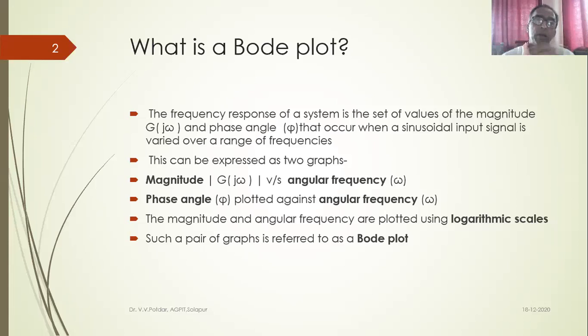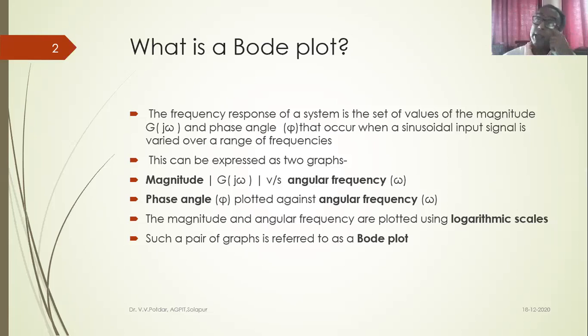Log of 10,000: 10,000 is 1 followed by four zeros, so log of 10,000 becomes 4. The scaling down has happened. The number 10,000 is converted into 4, a single digit number. So I can scale down by using a logarithmic scale. That is one more benefit of using a logarithmic scale.